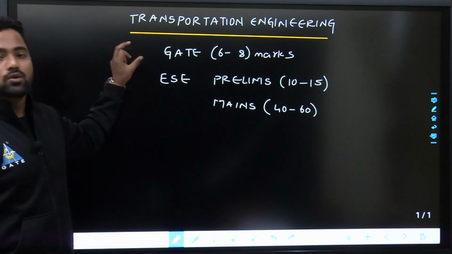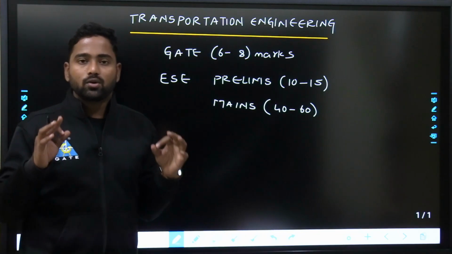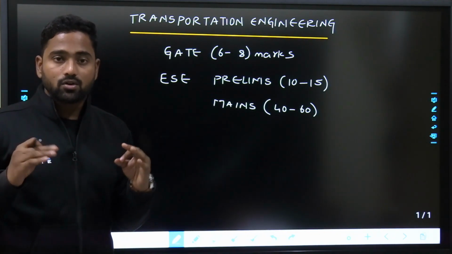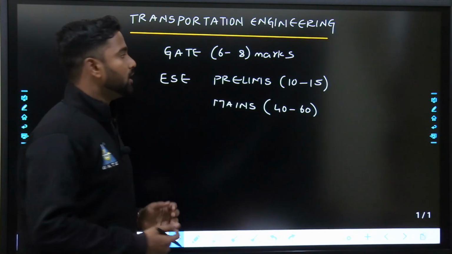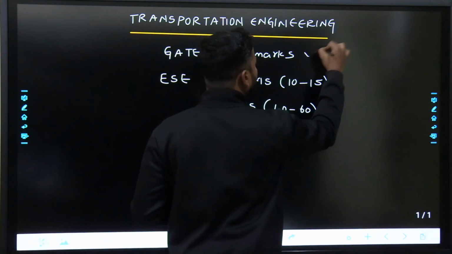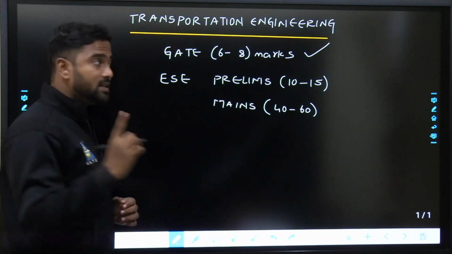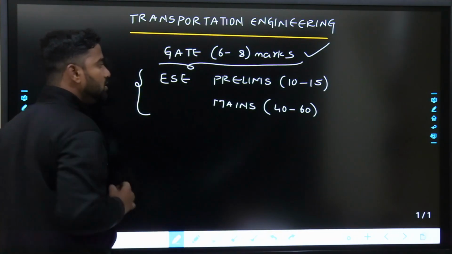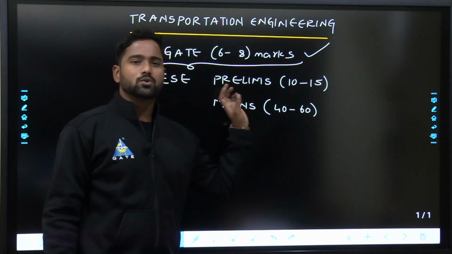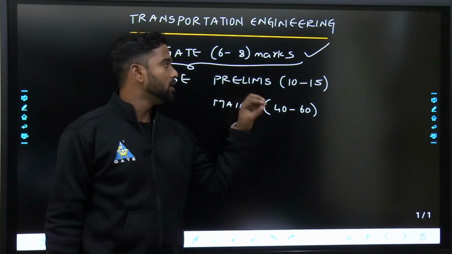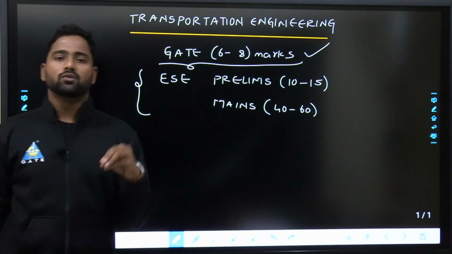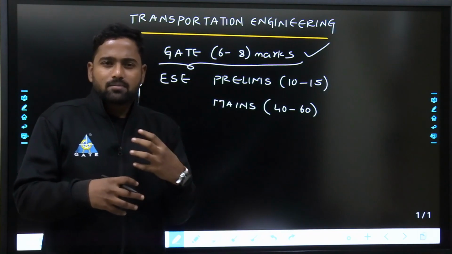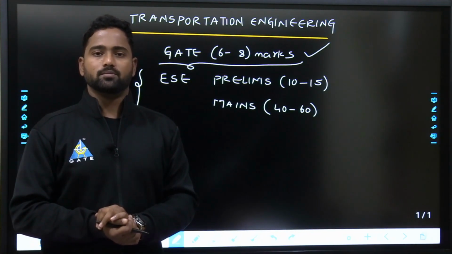If you are thoroughly comfortable with all the concepts, and you understand each and every concept and its application, you can easily score 100% of marks from GATE, and from engineering services you can easily score 80 to 90% of marks. Why? Because some 10 to 20% of theory will be asked in both prelims and mains, which can be quite complicated sometimes.